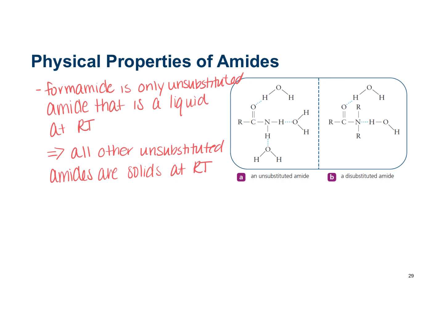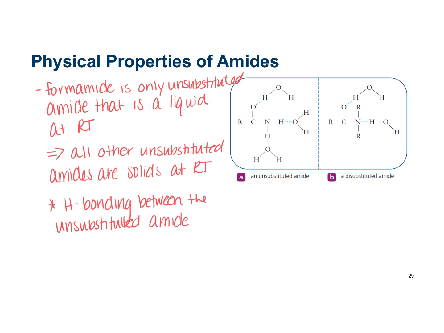Now, one of the things to notice here with these properties is there's pretty complex hydrogen bonding between these amides, and that causes them to have high melting points. So we have hydrogen bonding between the unsubstituted amides.